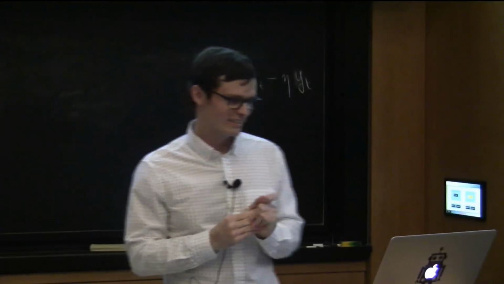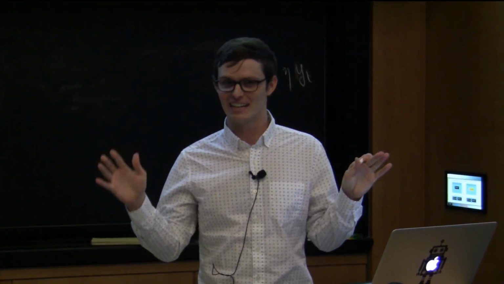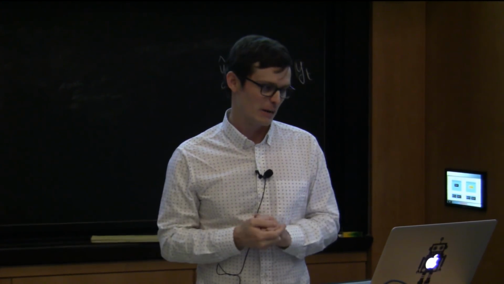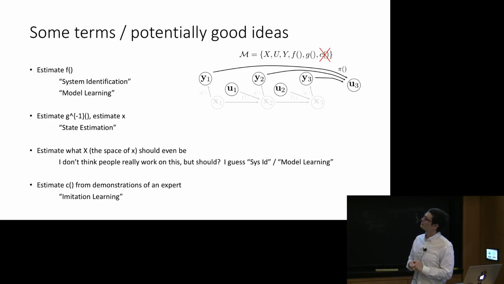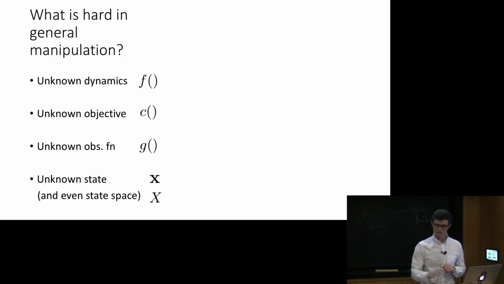So this is one of the key problems in just not knowing anything and trying to do something. Definitely a variety of things need to be different in this very general manipulation setting than in more well-known robot settings. So all these different things, sysid, state estimation, imitation learning, et cetera, are all very useful things to do so we can try and fill back out some of the problem.